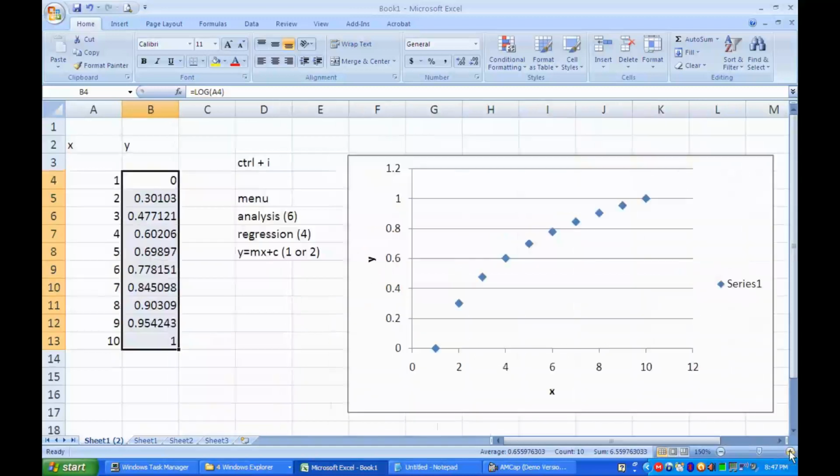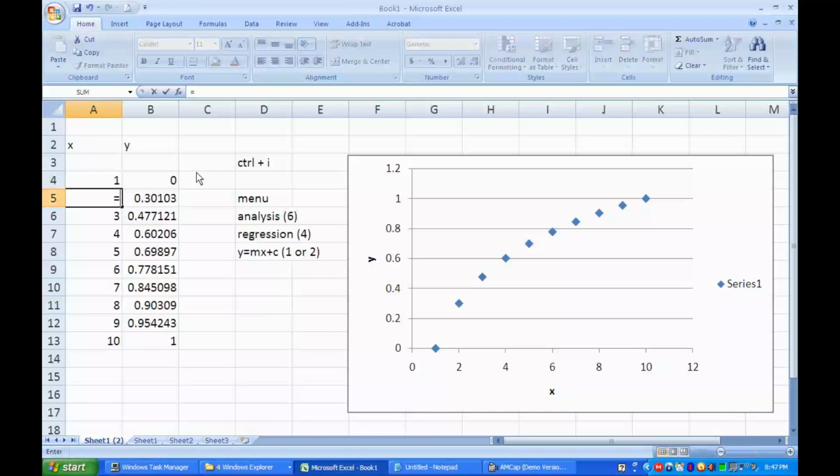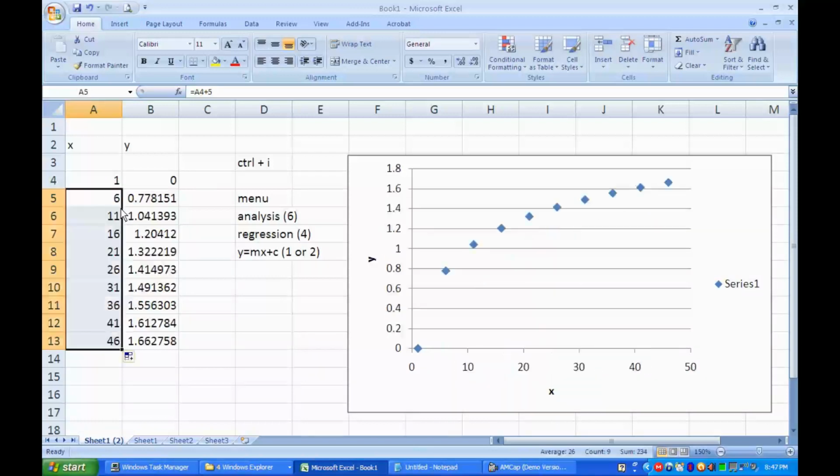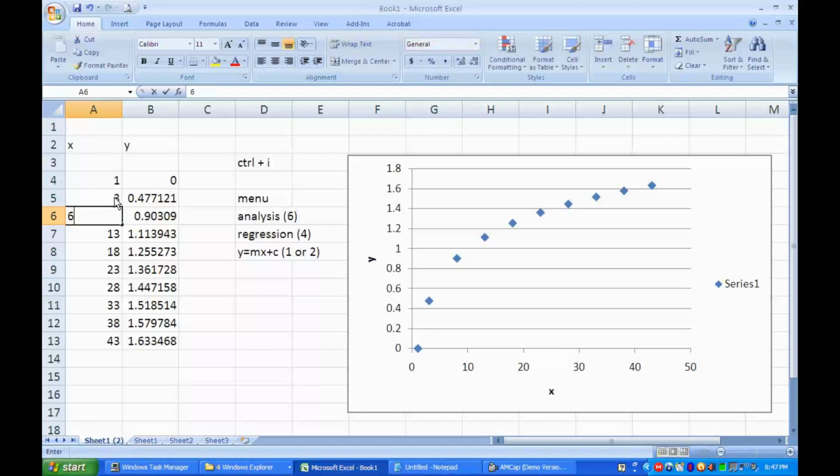Let me zoom in on this. Let's make these values equal that plus 5. Actually, I'll make that 3, 6, and so on.